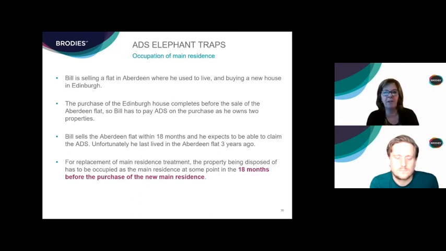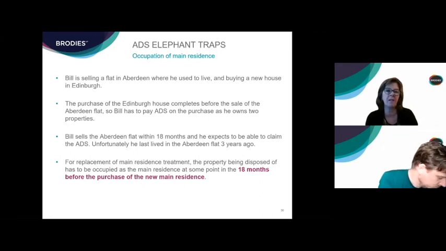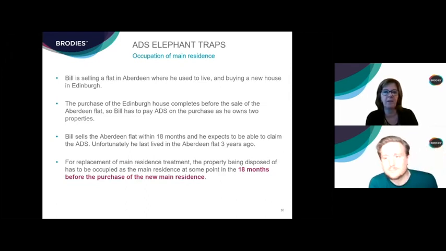Occupation of main residence, we've seen this coming up a lot in recent times, and it's a question of having to have lived in the main residence that's being disposed of at some point in the 18 months before the purchase of the new main residence. So in the facts in this case, Bill's selling a flat in Aberdeen where he used to live and buying a new flat in Edinburgh, but the purchase of the Edinburgh house completes before the sale of the old one, so he has to pay ADS.